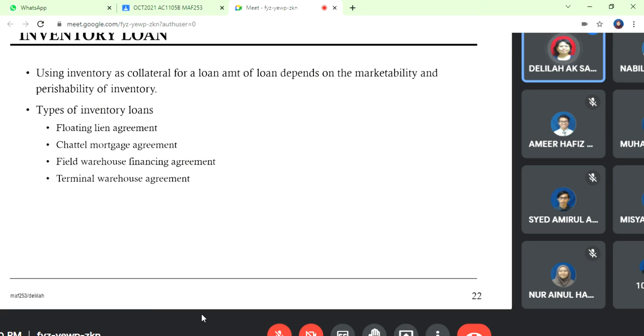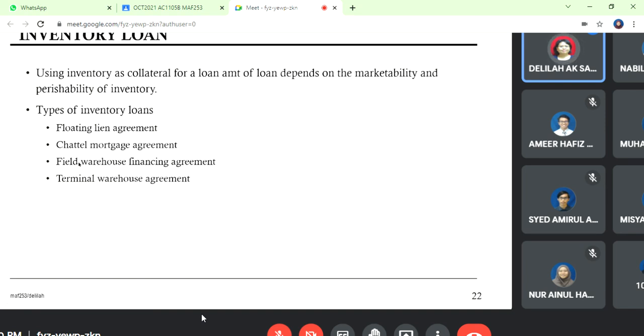Now the final one here, in the same way that you borrow money using your accounts receivable as collateral, you can also borrow money using inventory as collateral, using stock as security to borrow money. So what you need to know, there are no calculations related to this one. What you need to know is the various types of inventory loan.